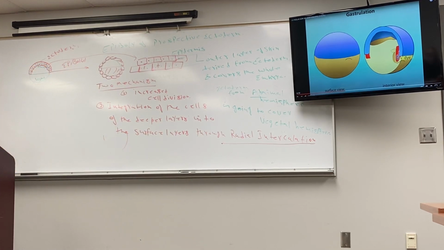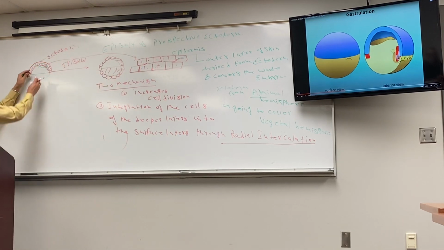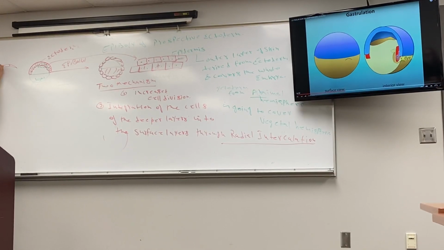So, multiple things are going to happen. The cell number has increased. Initially it was maybe like this, right? And then the cell division has taken place. You have more and more cells there, because you need more cells to cover the whole embryo. Now, what is going to happen? Two things are happening.